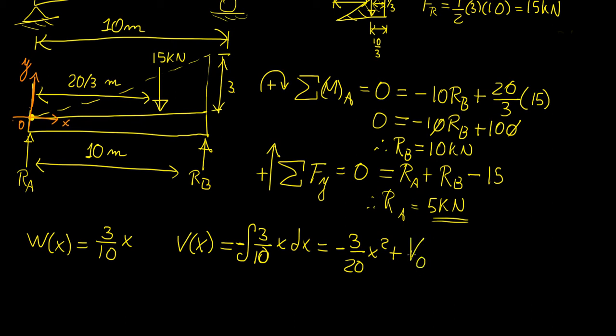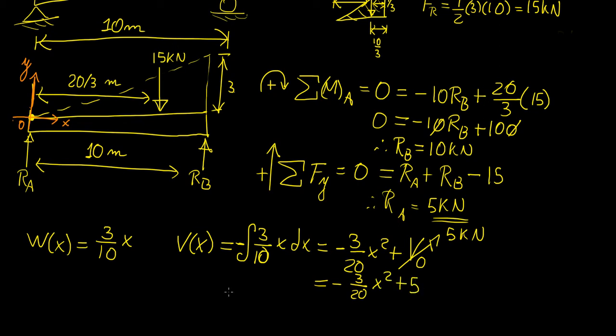But we know that V naught is going to correspond to this because at this very point here, the internal shear force is going to be equal to the reaction at A. So we know that this is going to be equal to 5 kilonewtons. So essentially this function is going to become minus 3/20 x squared plus 5.